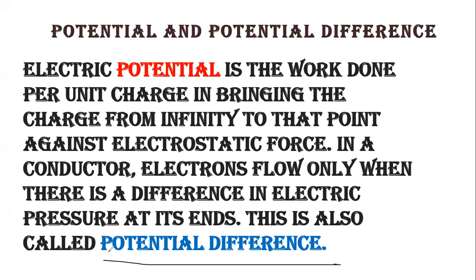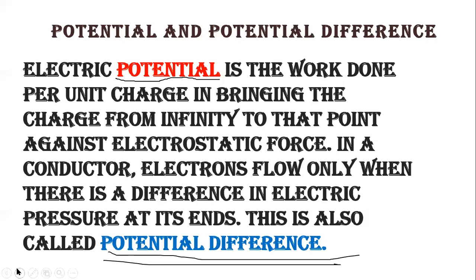Here you see the definition of potential energy. So electric potential is the work done per unit charge. And potential difference, you can see the definition. Now let's look at the next part.